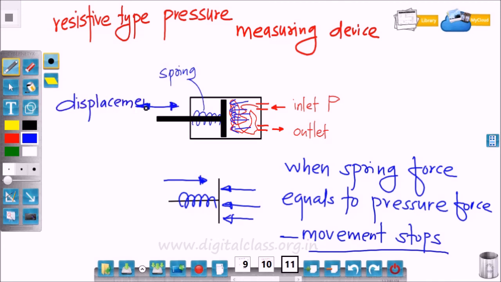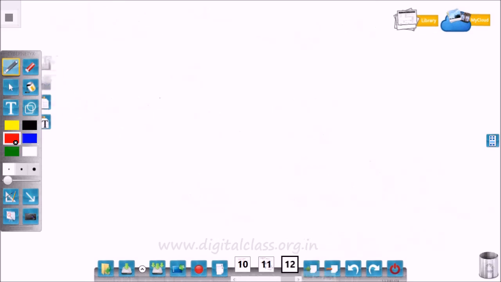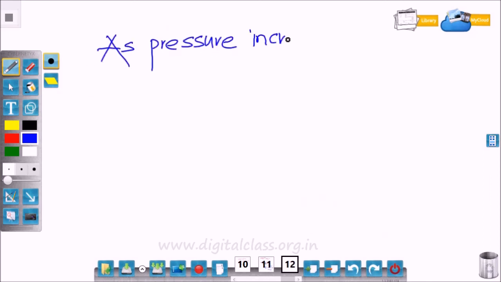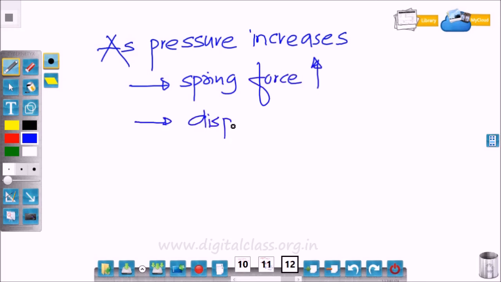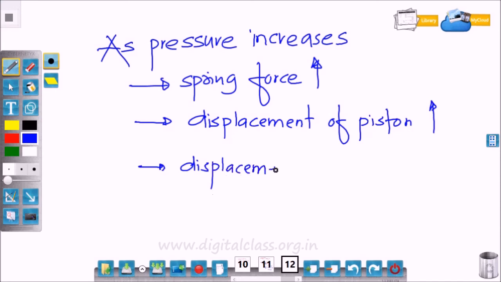So this displacement of the piston can be used for the measurement of pressure. As pressure increases, the spring force also increases, and due to this pressure rise there is a displacement of the piston.